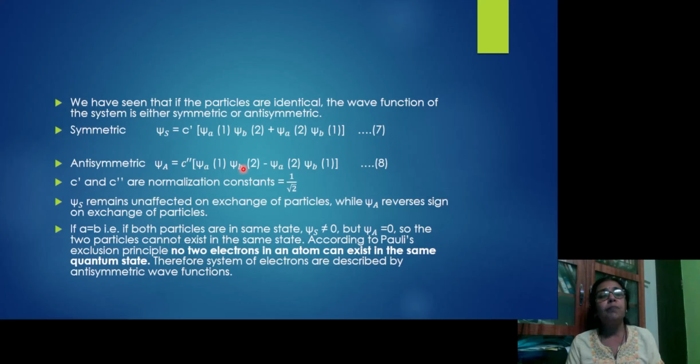So therefore antisymmetric wave functions describe the system of electrons. In this way, we have proved by using Pauli's exclusion principle that electrons have antisymmetric wave functions.